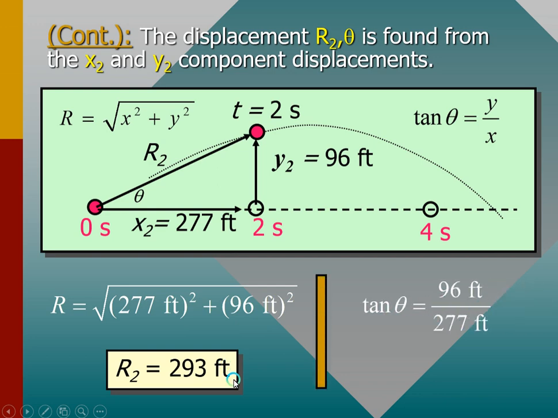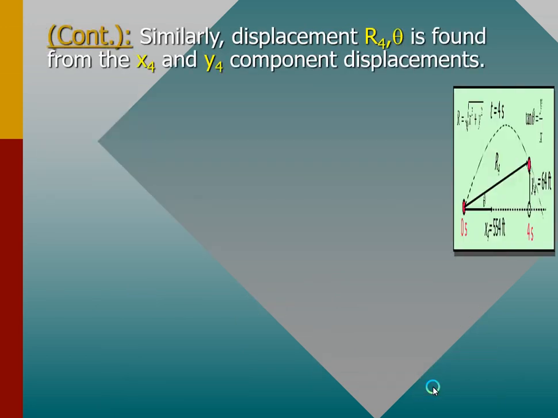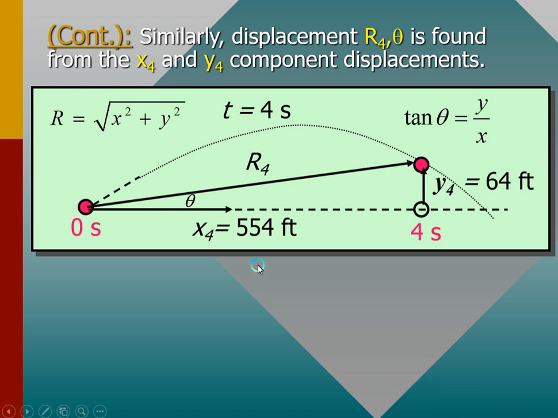For the value naman kung ano ang theta or ano na ang angle naton, so that will be 96 all over 277 feet. So, i-arctan lang na siya, makuha ang ating theta at 2 seconds, which is equal to 19.1 degrees. So, similarly, amo na Japon natin himuon for the values ang aton nga R sa 4 seconds naman.